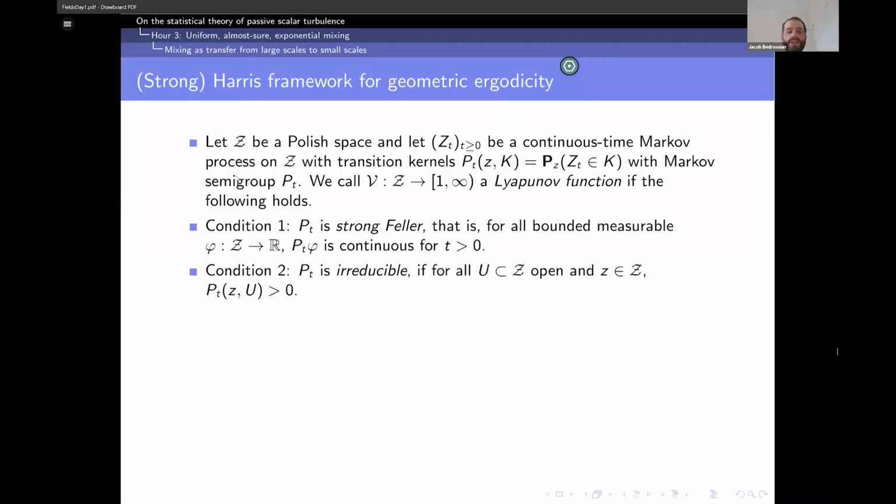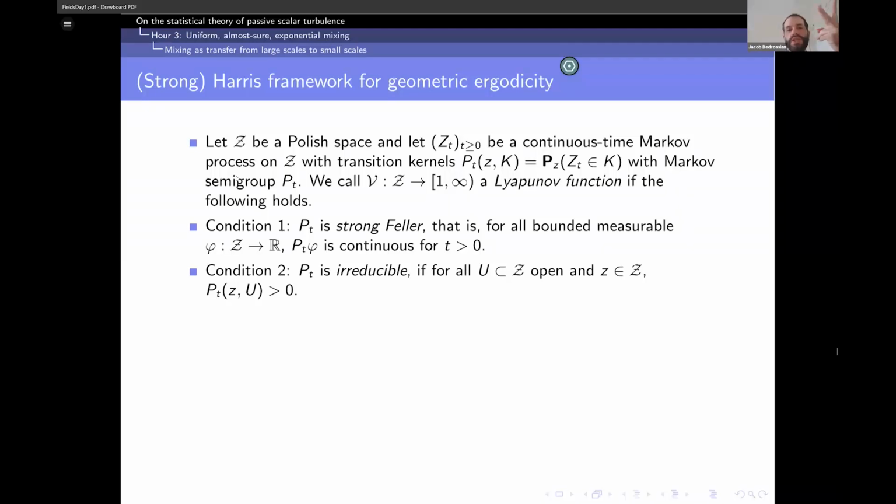Okay, so let me just state a completely abstract theorem which tells you how to get to exponential ergodicity for any Markov process on any Polish space. It's sufficient to get 4 conditions.